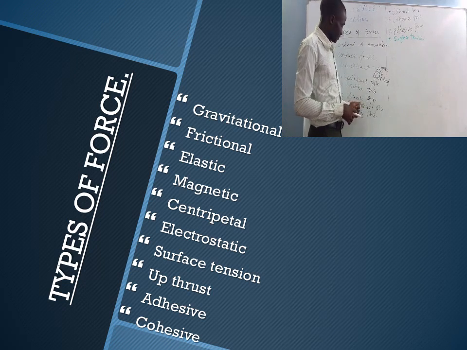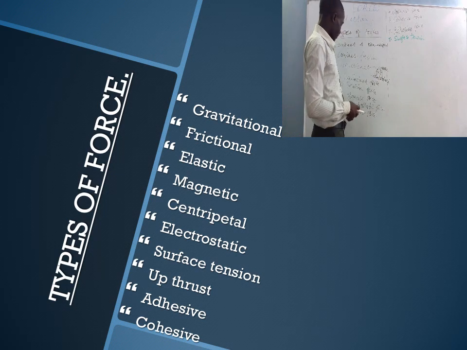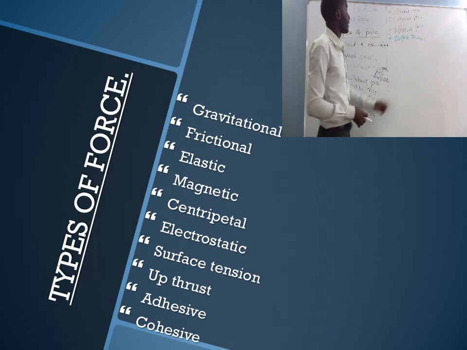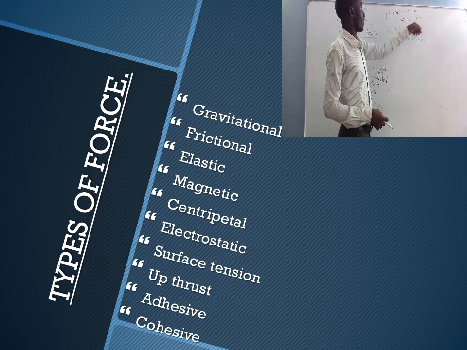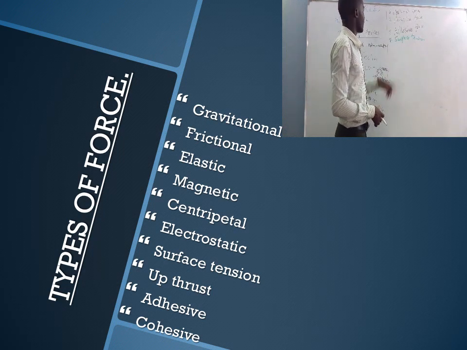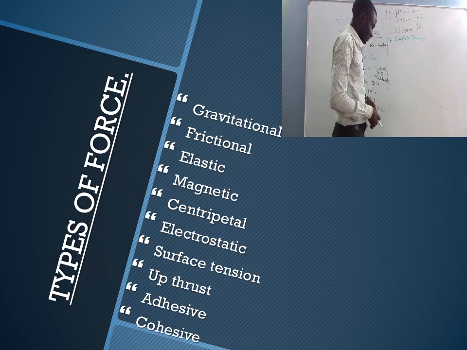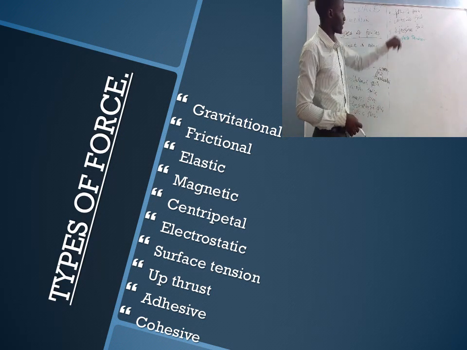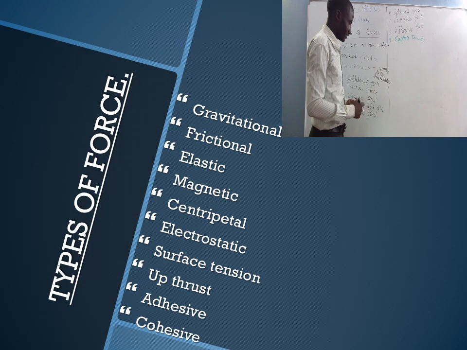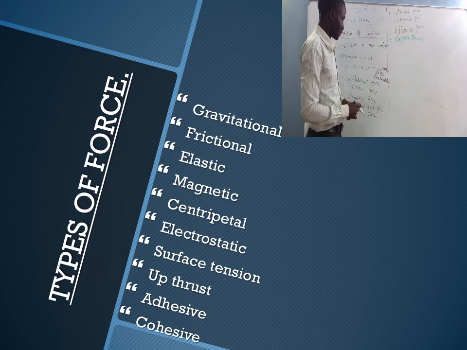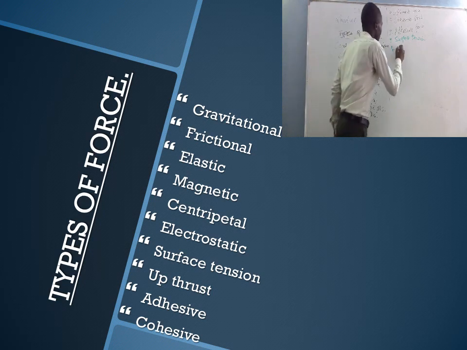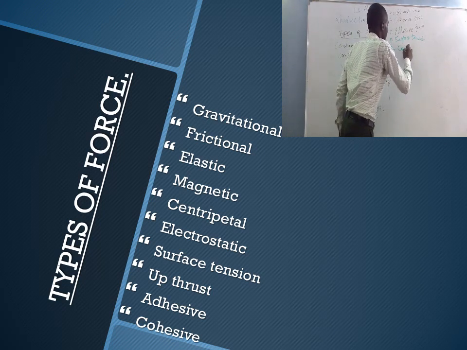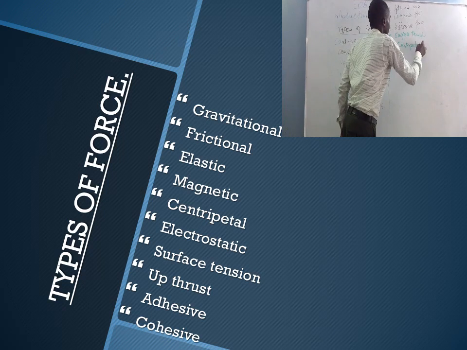The fourth is electrostatic force. Number 5, elastic force. And 6, upthrust force. 7, cohesive force, or the force of cohesion. Then 8 is adhesive force, or the force of adhesion. Then the 9th is surface tension. Then the 10th one is centripetal force.